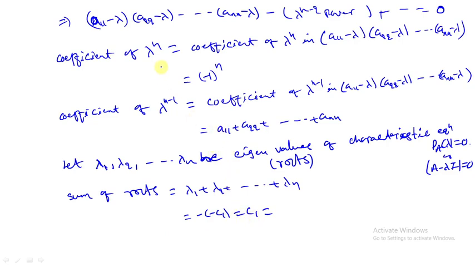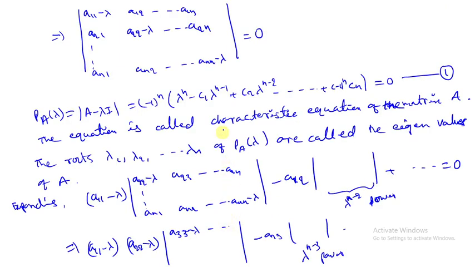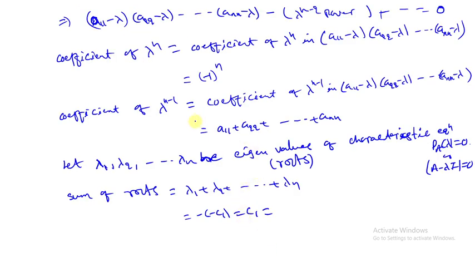Sorry, this is c1, the coefficient of lambda power n minus 1. What is the coefficient of lambda power n minus 1? It is a11 plus a22 plus and so on ann. That is the sum of diagonal elements, which we know is the trace of A. That means sum of roots is the same as the trace.